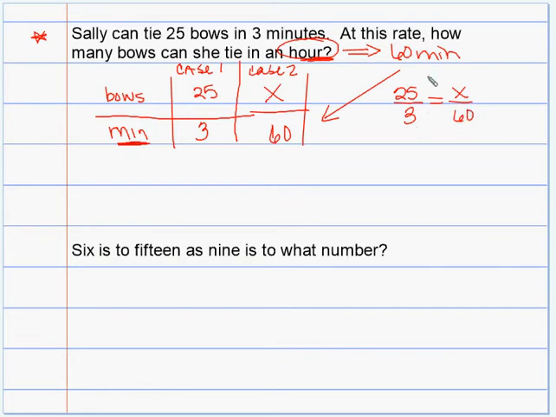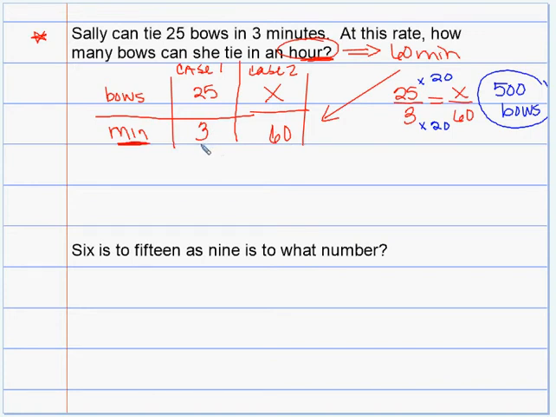Here's one where I can look at this really quickly and say, well, I just multiply this times 20. So we're going to multiply 25 times 20. And 25 times 2 is 50, so it would be 500 bows. Now, does that seem reasonable?